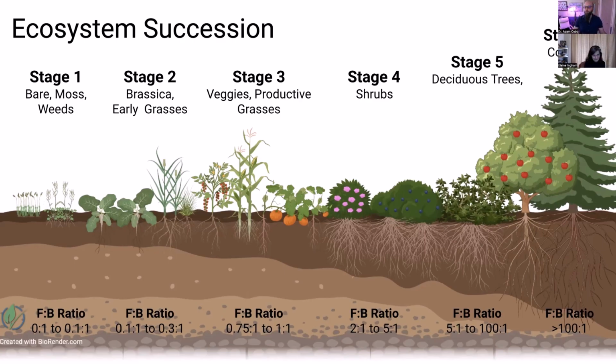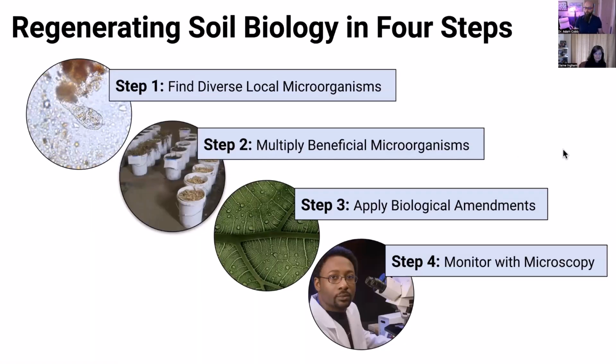I think you've introduced a really great segue, which is saying, how do we jumpstart this? Well, this is something that I've introduced already to the group, that regenerating soil biology is really something we can do in about 4 steps. We'll get deeper into especially step 4, which is something that happens at every stage using the microscope.